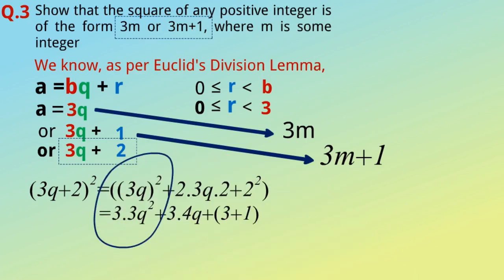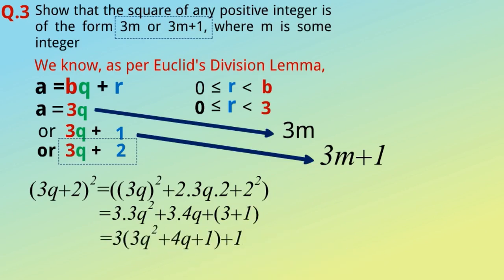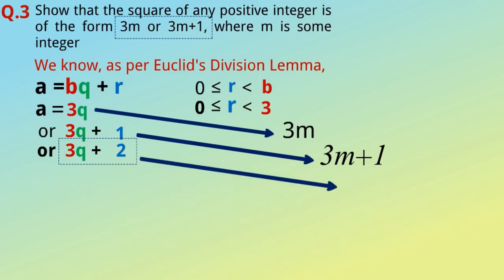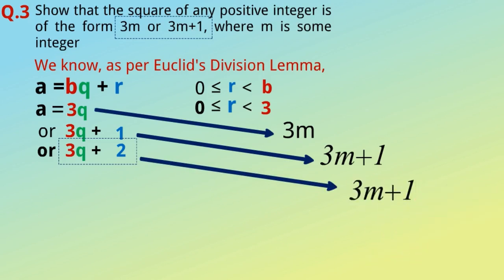And if you see here, 2 squared is equal to 4, but we have written 3 plus 1, so that we can make a multiple of 3. We are taking 3 common, in brackets 3q square plus 4q plus 1, plus 1. So 3m plus 1. So (3q plus 2) whole square can be written as 3m plus 1, where m is an integer, and m value is 3q square plus 4q plus 1. So the square of 3q plus 2 can be written as 3m plus 1.